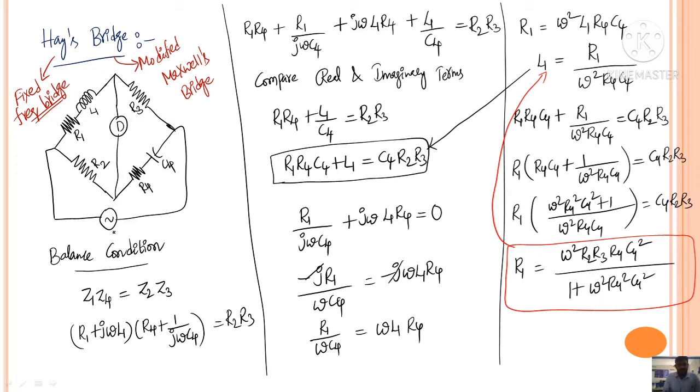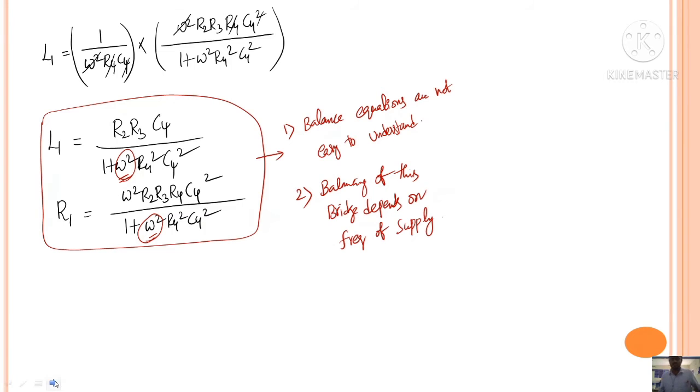Because the balancing equations for this bridge depend upon the frequency of the supply. In order to get the balancing in a smooth manner, we need to make the supply frequency a fixed one. So these are the two major drawbacks of Hayes bridge.